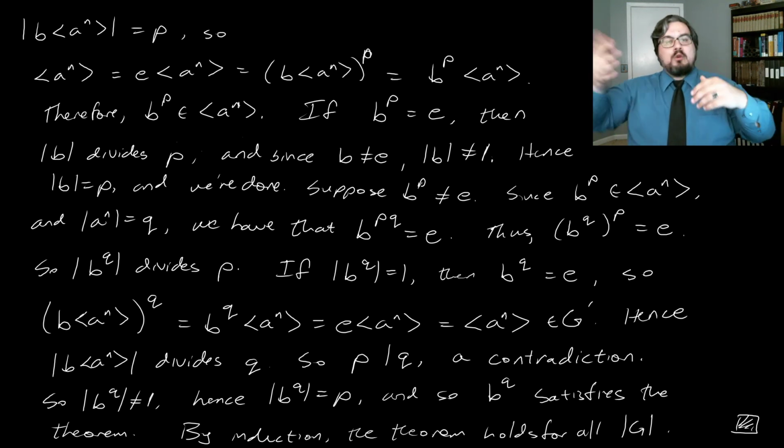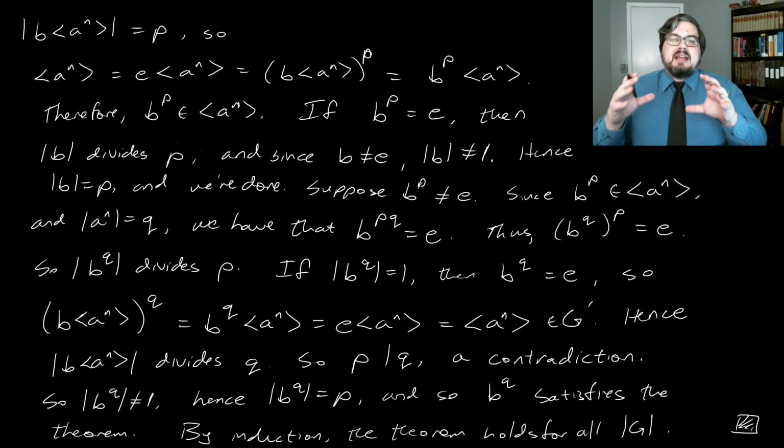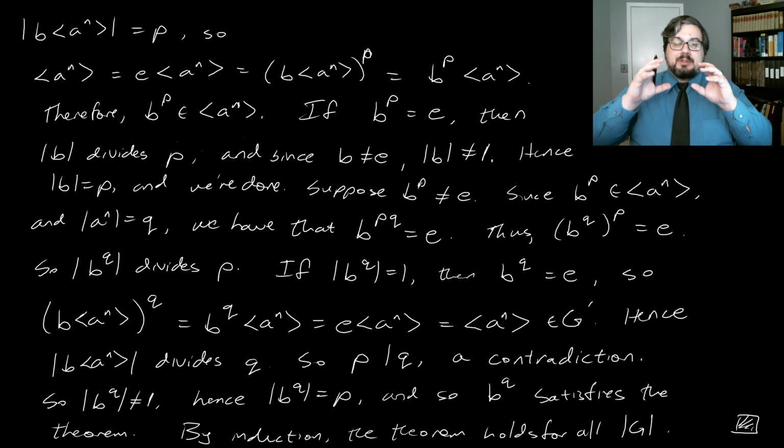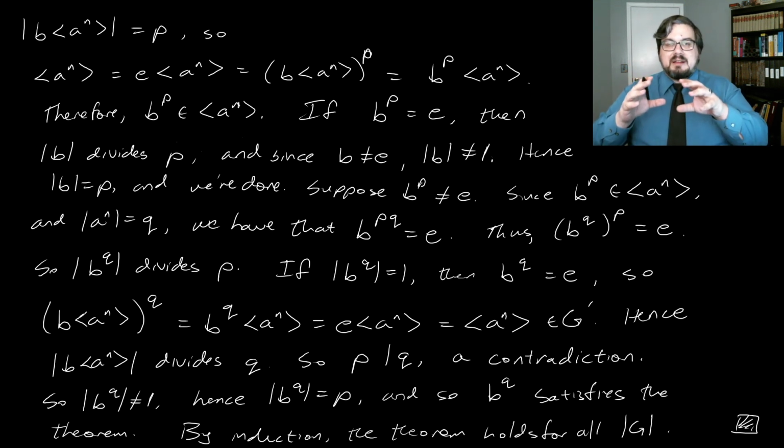If not, let's quotient by it. That moves us down into a smaller group where we could use the inductive hypothesis and understand things there and get an element with representative B down below. Then we could say, all right, we know this element B times the subgroup generated by AN has order P. What does that say back on the level of the group G?